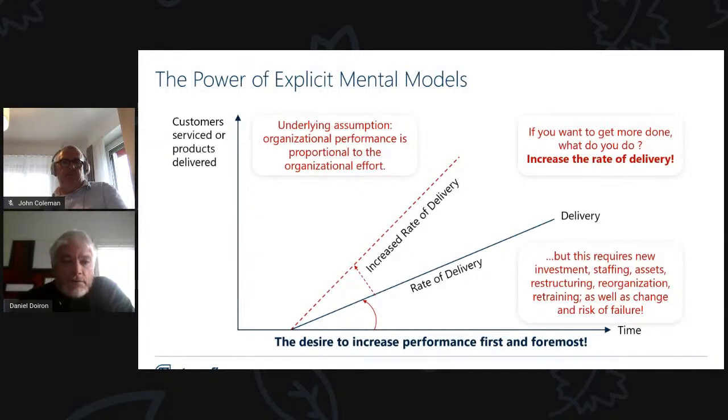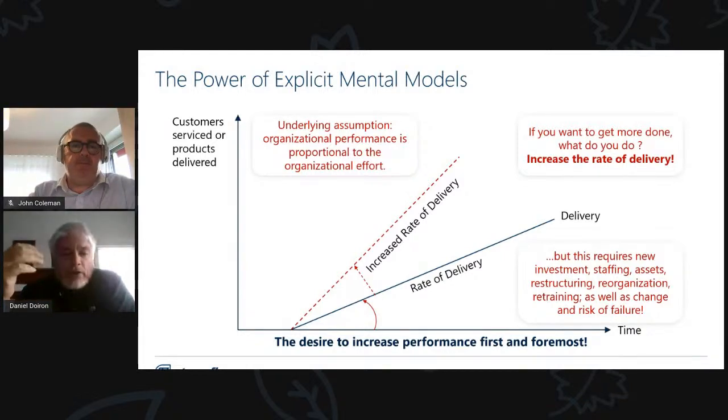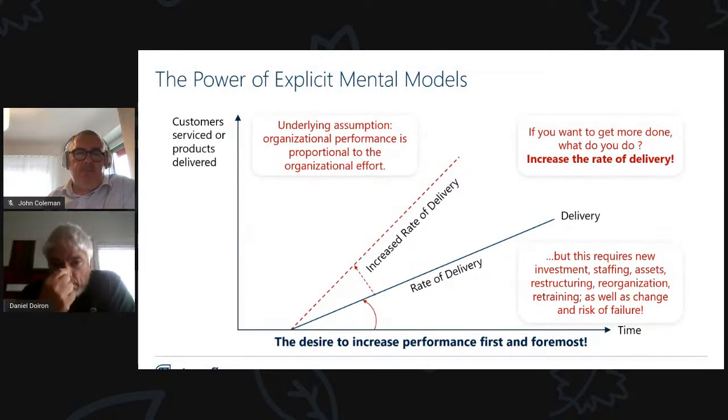Of course, if someone wants you to deliver more, to get more stuff done, the low-hanging fruit in our mind is, hey, we're just going to buy more capacity to increase our performance. We're going to hire people. We're going to go into an improvement initiative and buy stuff, staffing, restructuring, organization, with a high risk of failure and a high price tag.